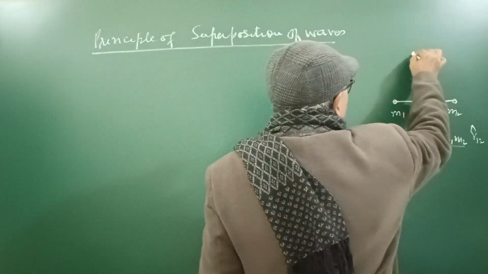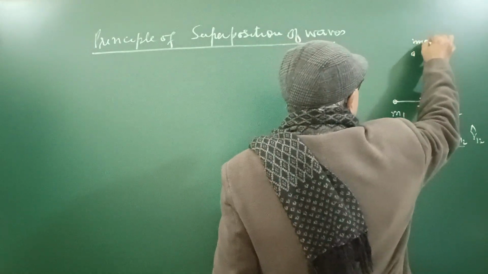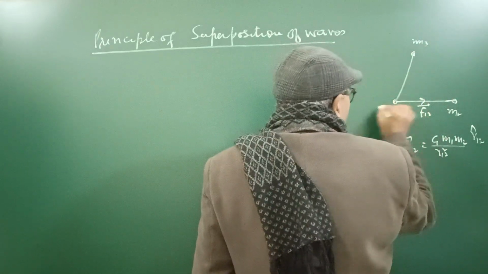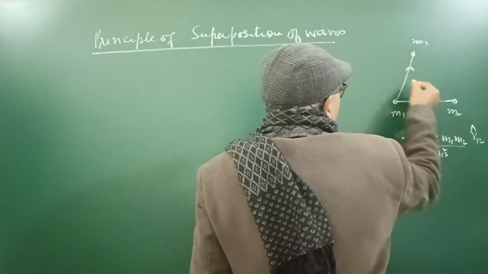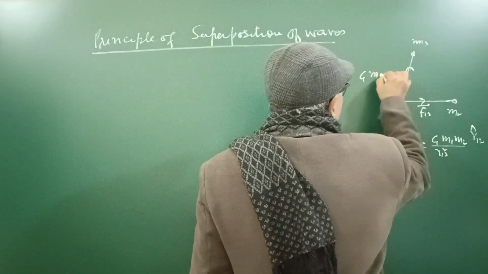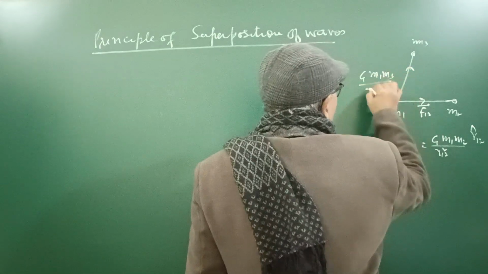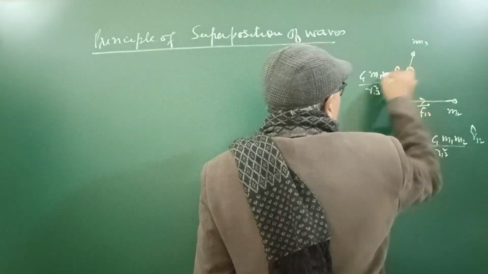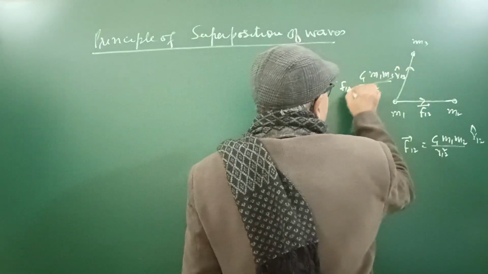Now if I put here M3 mass, then force on M1 due to this will be in this direction, and it will be G M1 M3 upon R13 square or R13 unit vector. It is F13.